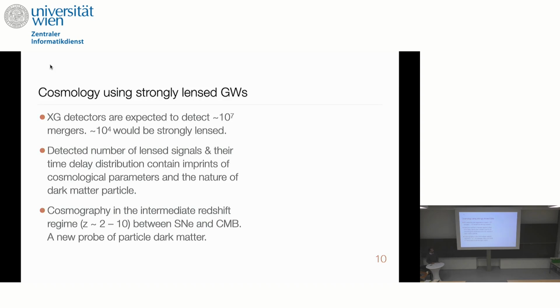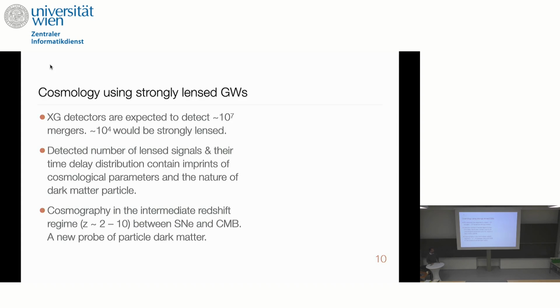The typical numbers would be that you have 10 years of data from these 3G detectors, you will have about 10 million events, and even with a modest optical depth, something like 10,000 would be strongly lensed. You would see multiple images from these 10,000 sources. And the precise number of strongly lensed events, as well as the distribution of their lensing time delays, would contain imprints of cosmological parameters, as well as the nature of dark matter.